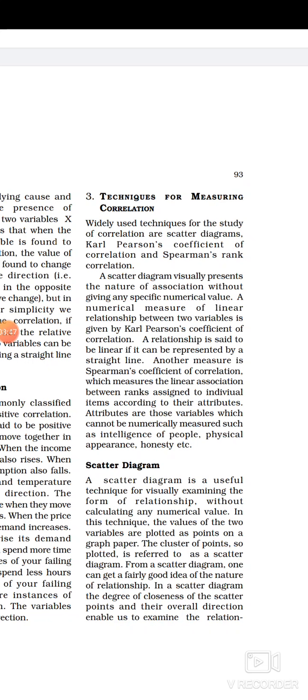The cluster of points so plotted is referred to as a scatter diagram. From a scatter diagram, one can get a fairly good idea of the nature of relationship. In a scatter diagram, the degree of closeness of scatter points and their overall direction enable us to examine the relationship.